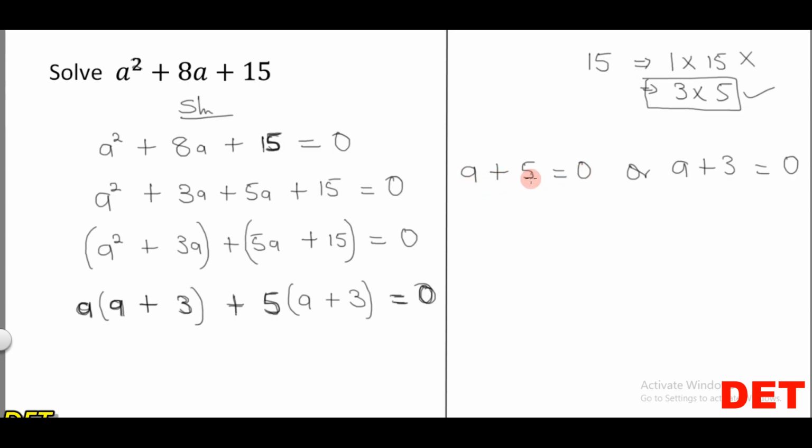A cannot be added to 5, they are not like terms. So I will take this plus 5 to the other side of the equation, and when it crosses, it becomes minus 5.